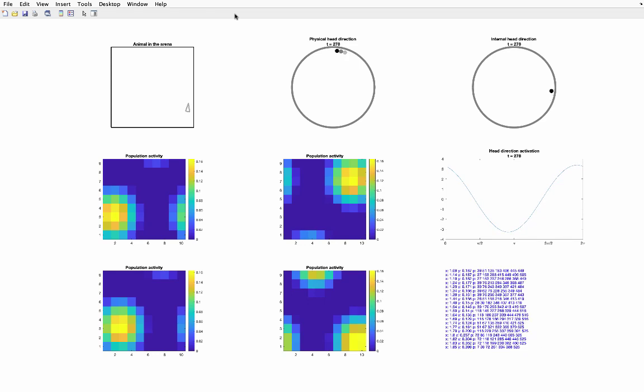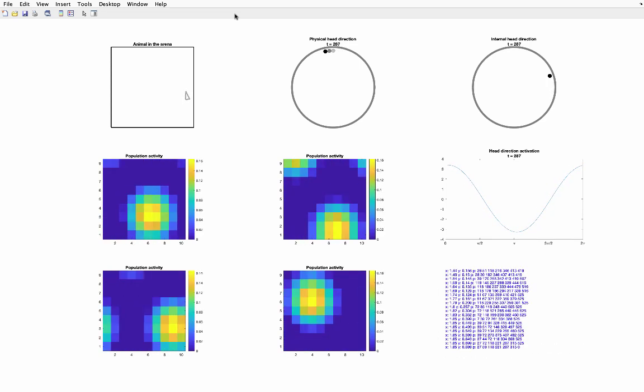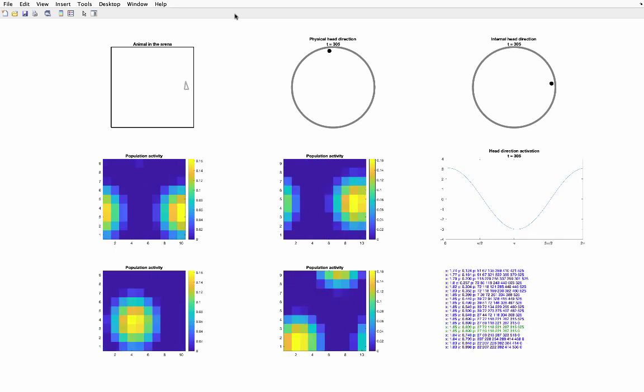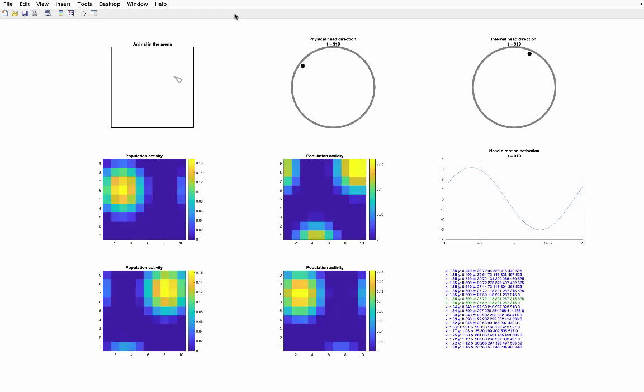In the lower right, what we see is the physical location in the arena, the XY coordinates of the animal, and the place system output, the place ID that was associated with that physical XY coordinate.